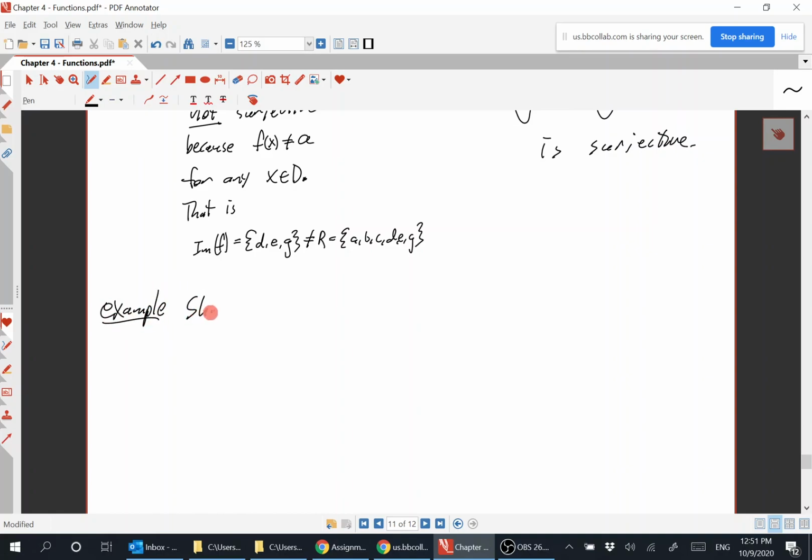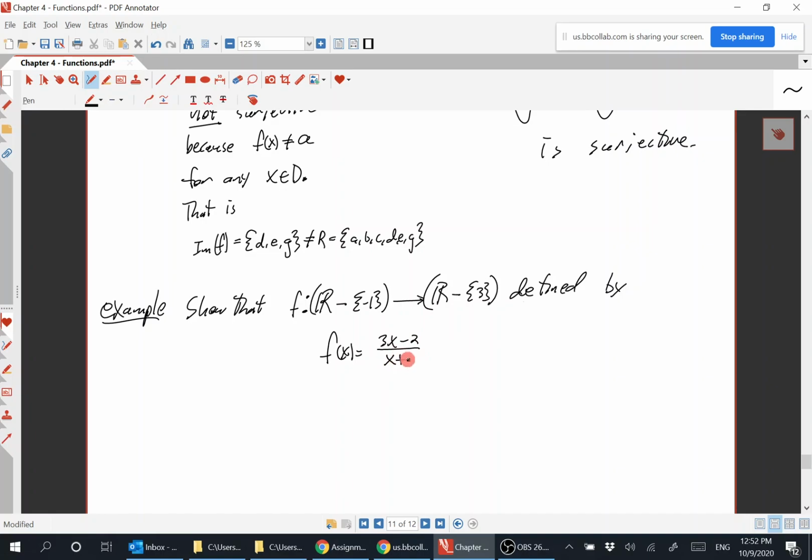So show that f from the real numbers minus -1 to the real numbers minus 3 defined by f of x equal to 3x minus 2 over x plus 1 is surjective. Show that this function is surjective. Okay.